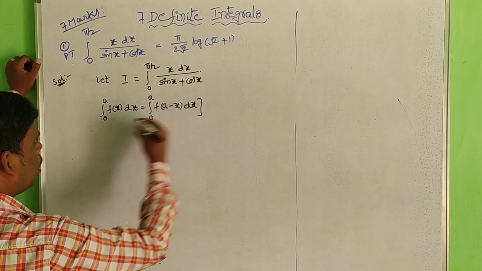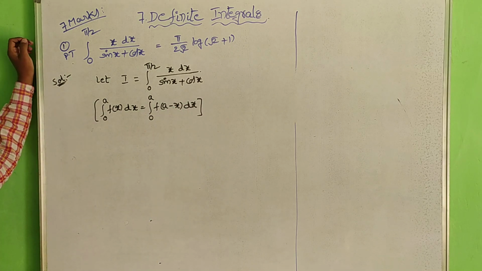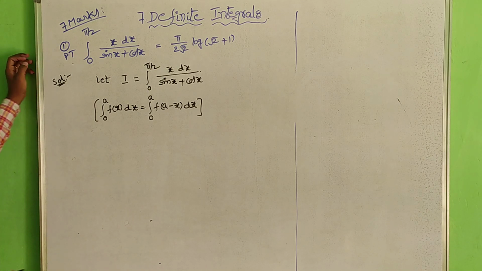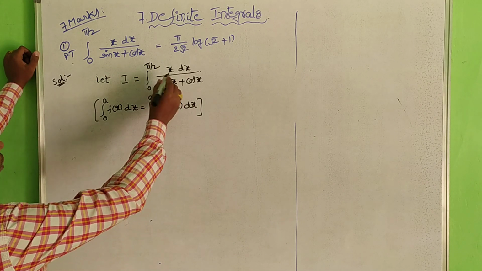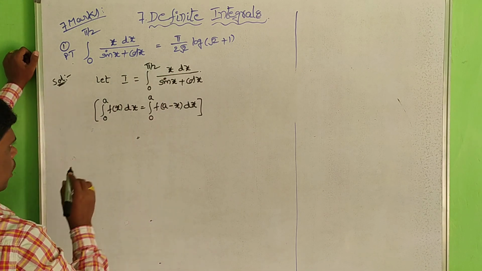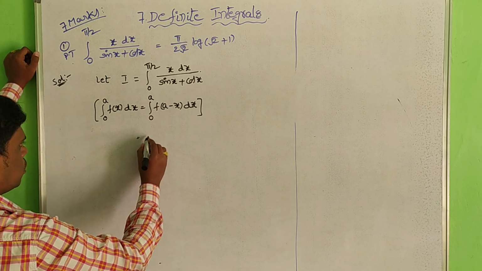By using this property, replace x by π/2 − x.